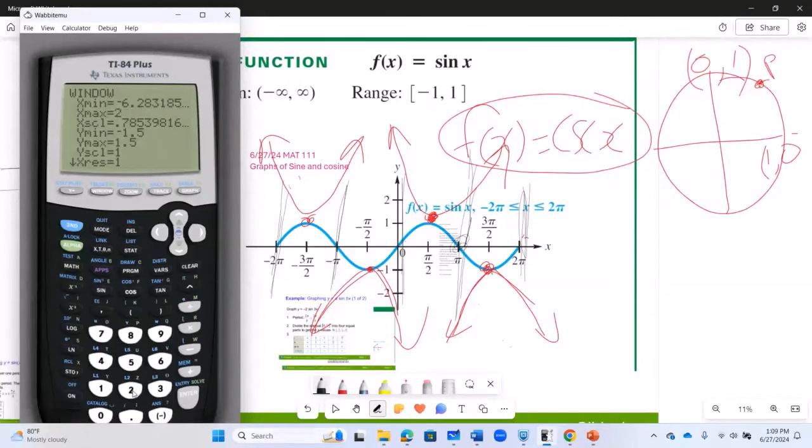Let's see the curves. That's what we say is sinusoidal. It is periodic. So I have 2 pi here. I would still like to use pi over 45 as my x scale.